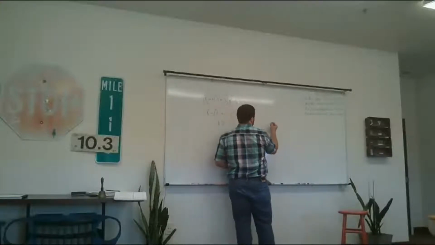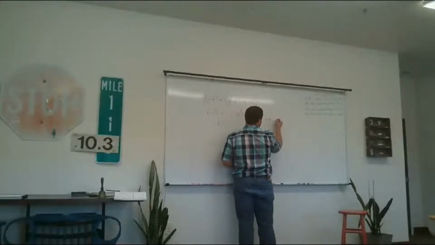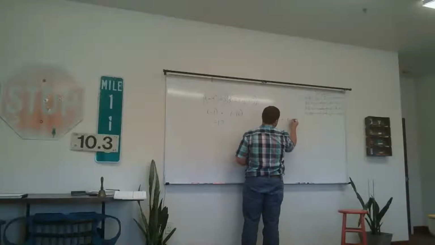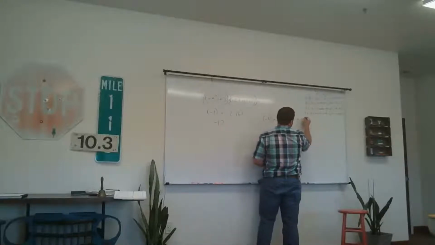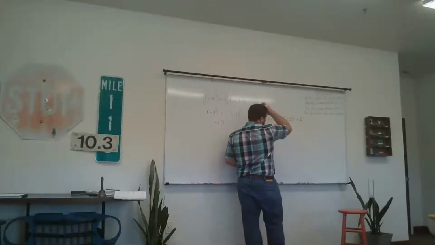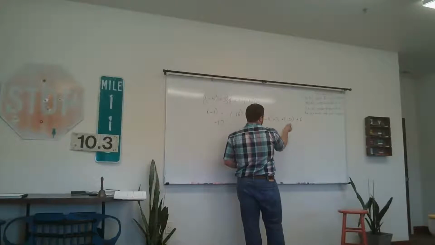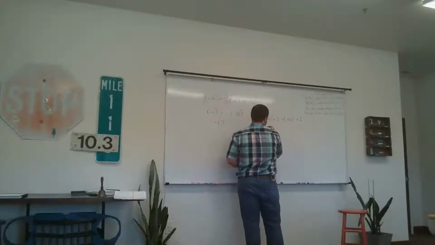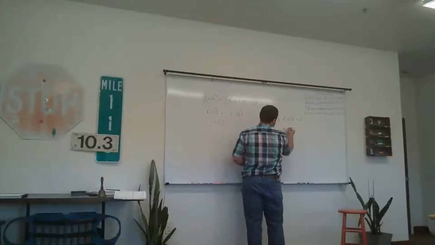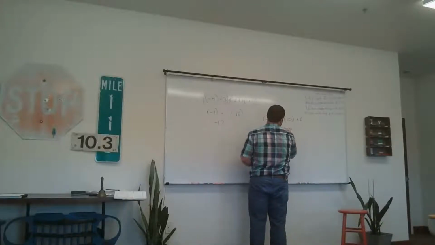So say, for example, you have -4 plus 3 plus -10 plus 6. If you lump all your positives over here, you get 3 plus 6 plus -4 plus -10.